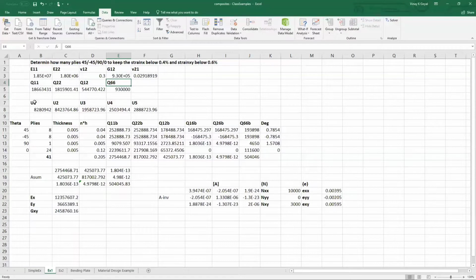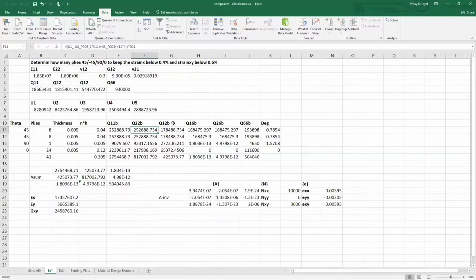And then there are the invariants that we talked about, U1, U2, U3, U4, U5, in classical plate theory from last week, from the previous lecture. And from this information and the ply angle and the number of plies, I can figure out Q11 bar, Q22 bar, the Q bar matrix. And the Q bar matrix is now looking at a global orientation system.